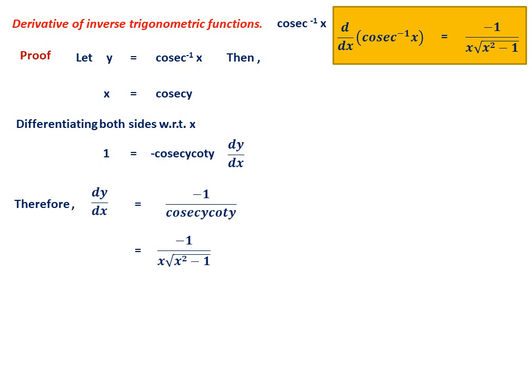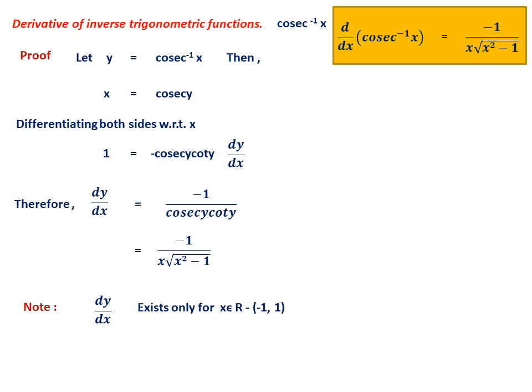Substitute. So first one, cosecant y is x. Cot y can be written as square root of cosecant square y minus 1, and cosecant square y is x square. Therefore it is minus 1 by x into square root of x square minus 1. Therefore dy by dx here also exists only for x outside the interval minus 1 to 1, because here also same problem.